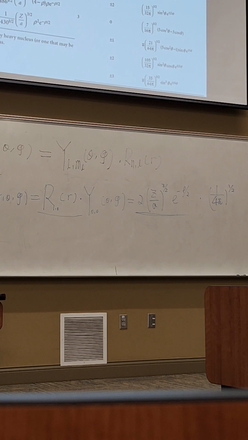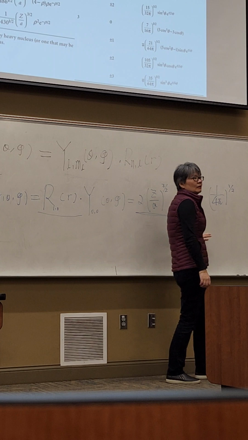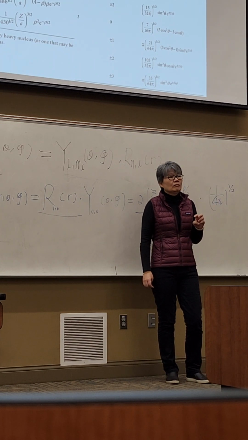Okay. All right. Now I have a question for you. This particular function is the ground state. What does it actually depend on? I have 3 variables, but in the exact expression, it only depends on the radius.